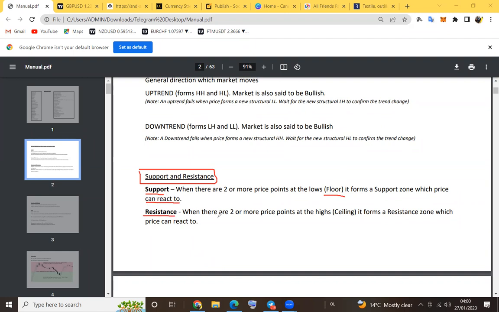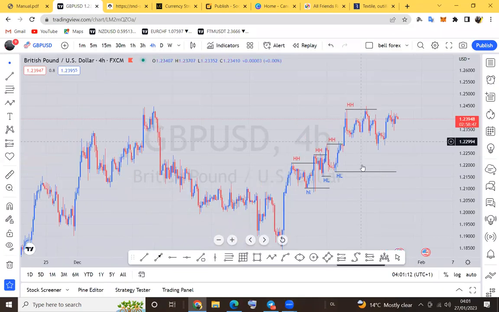Resistance: when there are two or more price points at a high or ceiling, it forms a resistance zone which price can also react to. Now, go back to your chart.